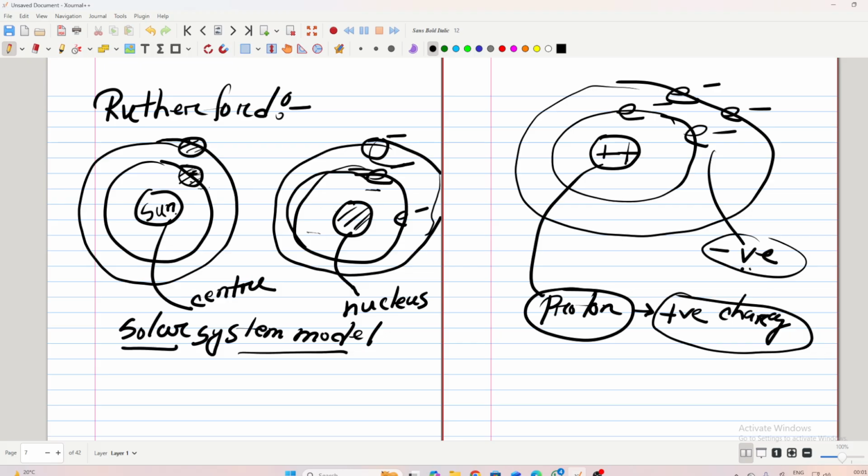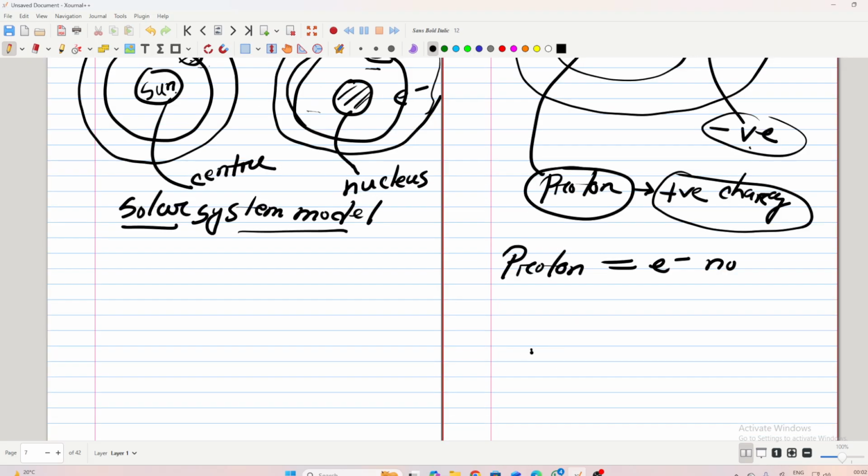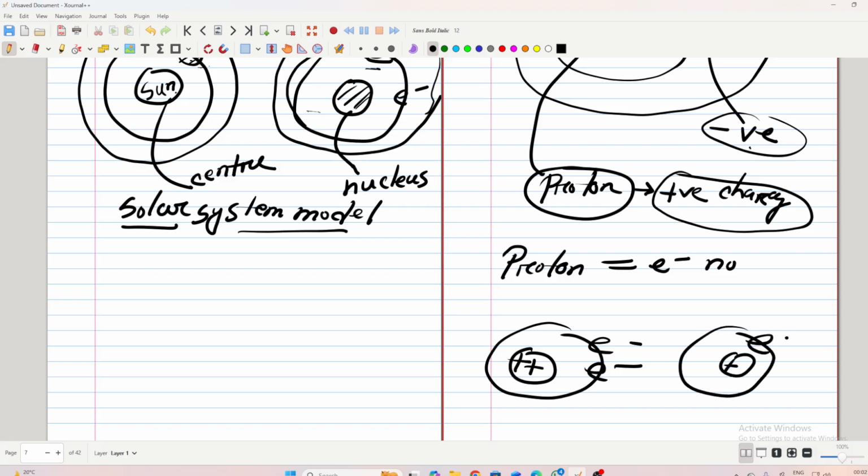Clear? So here is a fact: the proton number always equals the electron number. If you take one proton, there will be one electron rotating around the nucleus.